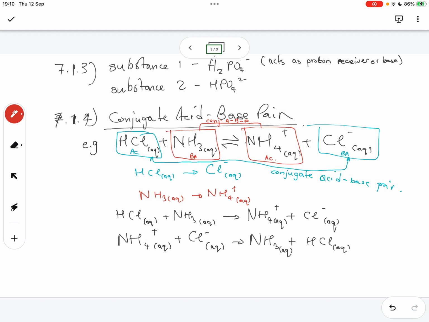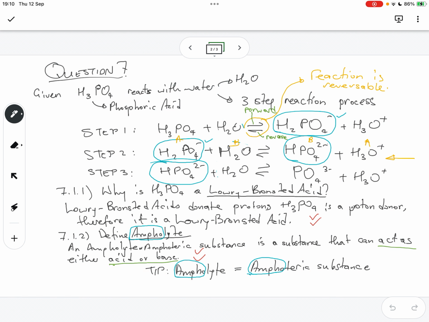The important thing is that understanding this concept will help us answer this question. So back to this slide, the question from the question paper was to write down one conjugate acid base pair for step 2. Step 2 is just this one, this is step 2 in this reaction.